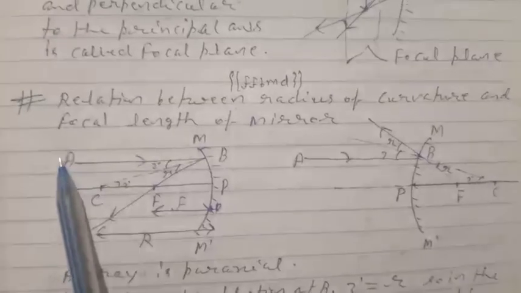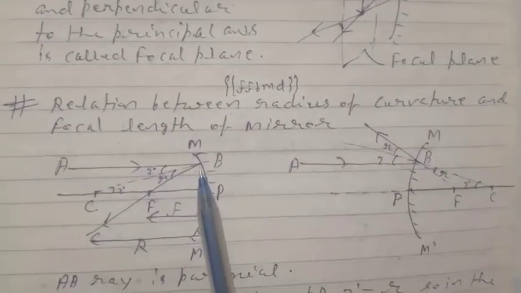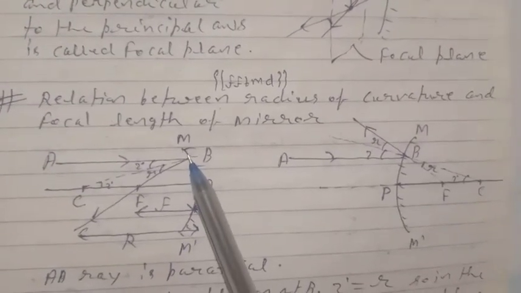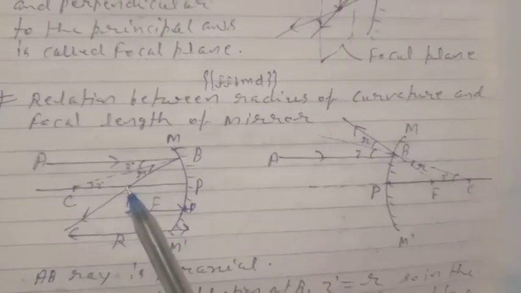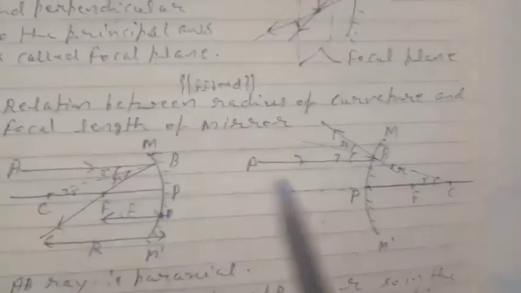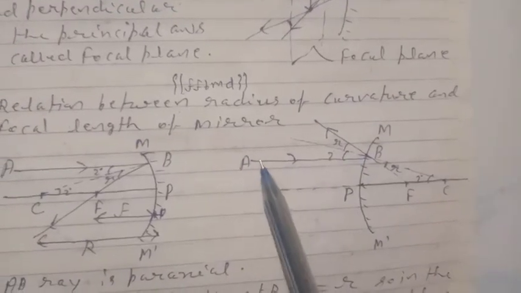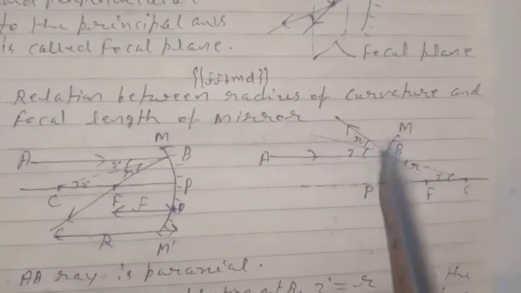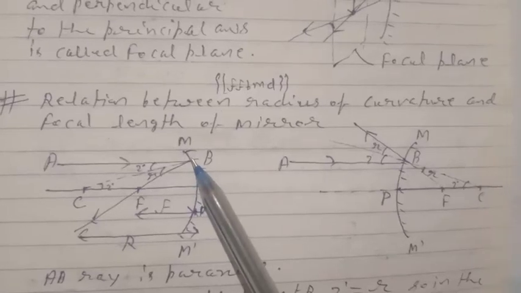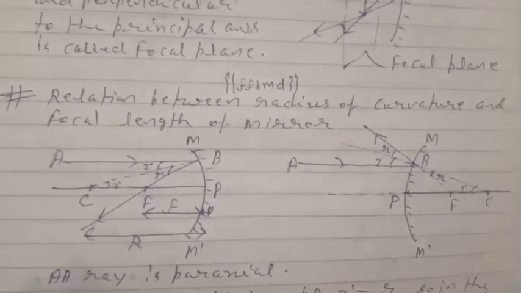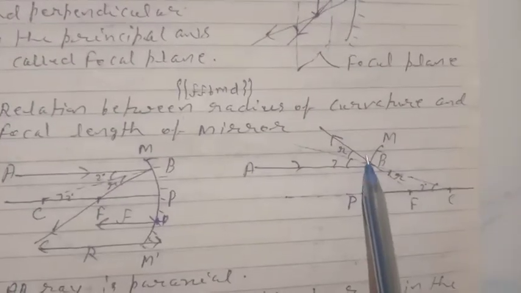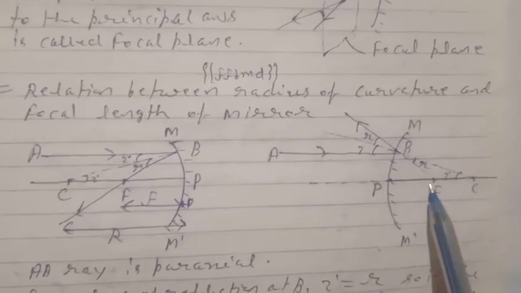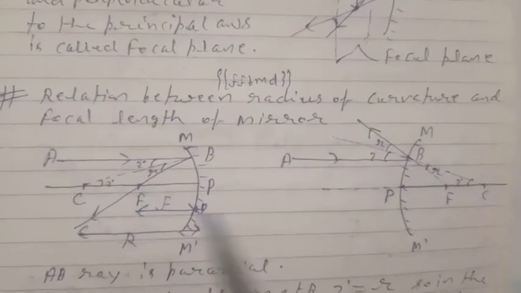Here we see that AB is the incident light, and after striking the mirror at this point, it is reflected in the same medium and goes through this point, the focus. In the other case, AB is the incident light, after striking at point P it goes in this direction after reflection, and the light appears to be coming from this point, so this point will be called the focus in both cases.